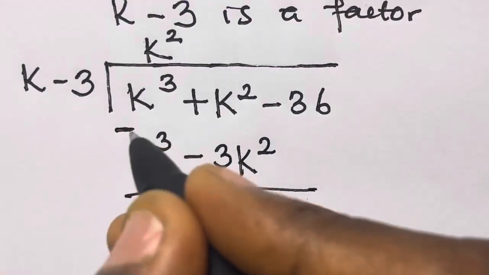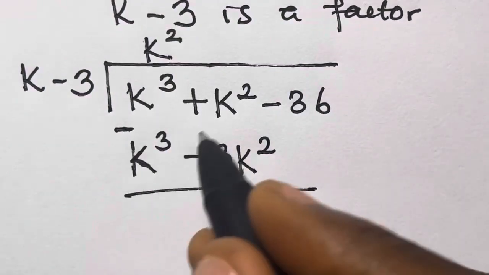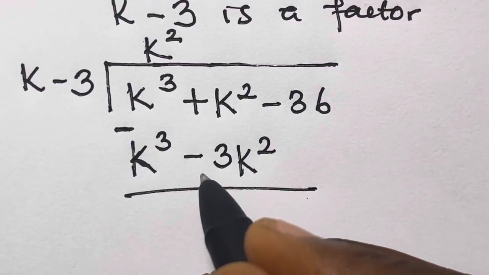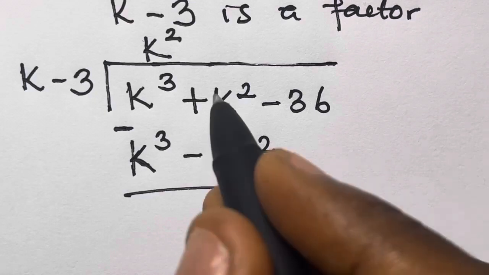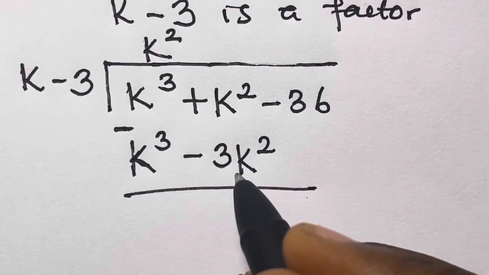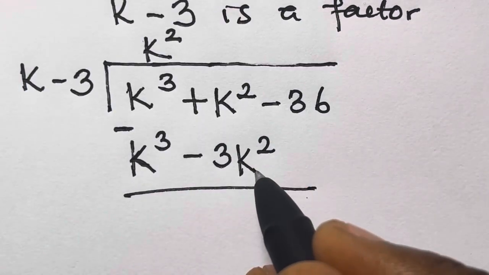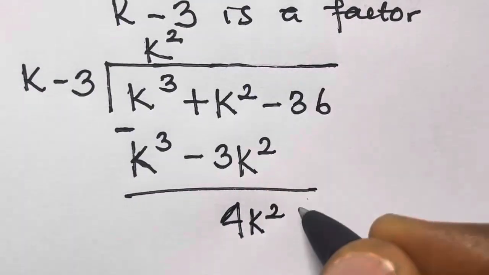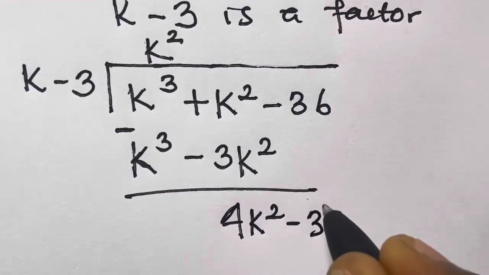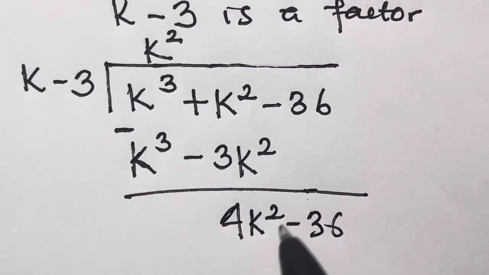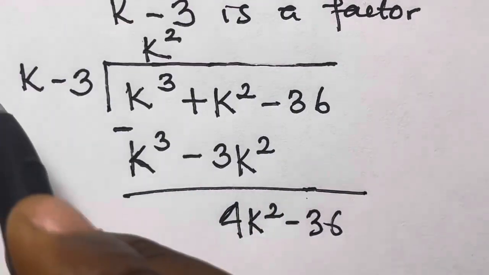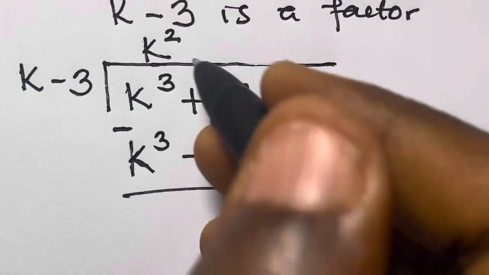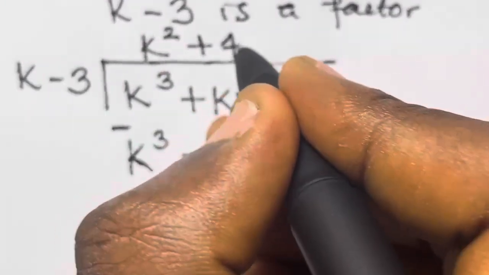Now we subtract this. If we subtract, this cancels this. We have k square minus times minus, that is plus, so k square plus 3k square, that is 4k square. Then you bring down this minus 36. Again, k in 4k square is plus 4k.